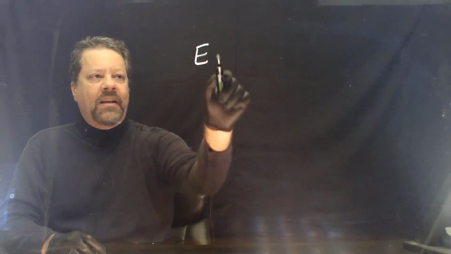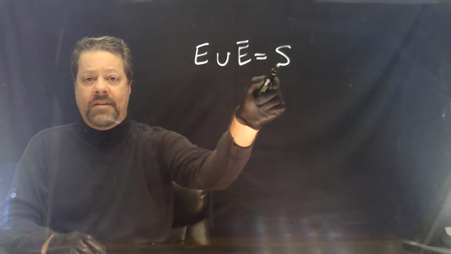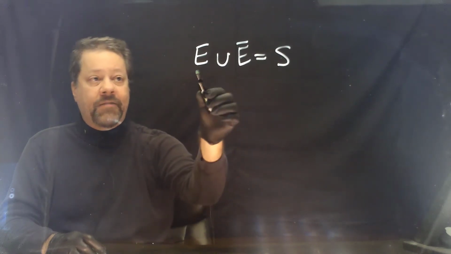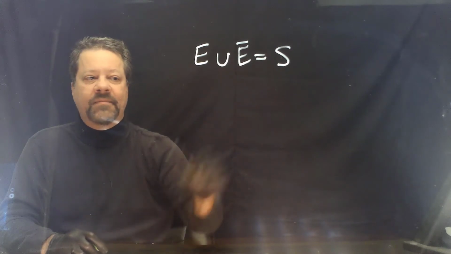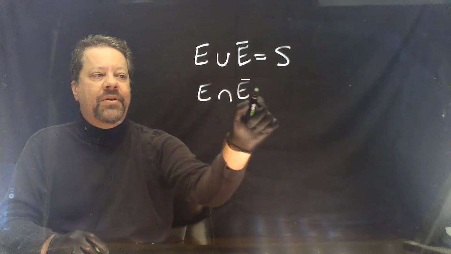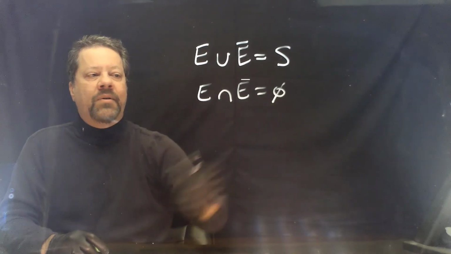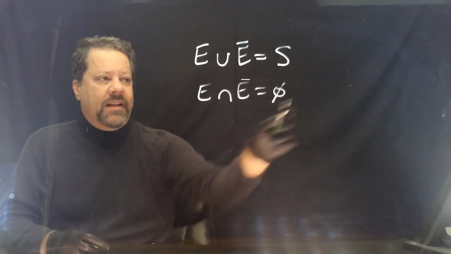One thing to note is that E together with E bar is the entire sample space, because if it's not in E, then it has to be in E bar, the complement. And there's nothing in common to these two. So their intersection, the overlap, is empty, the empty set.